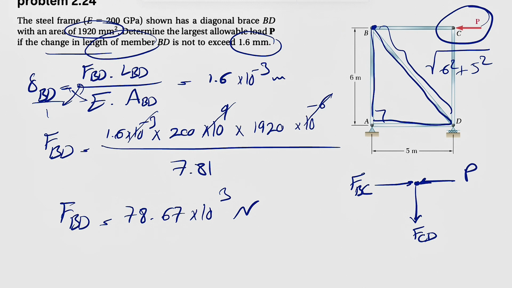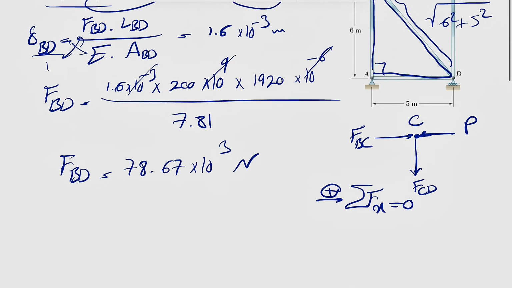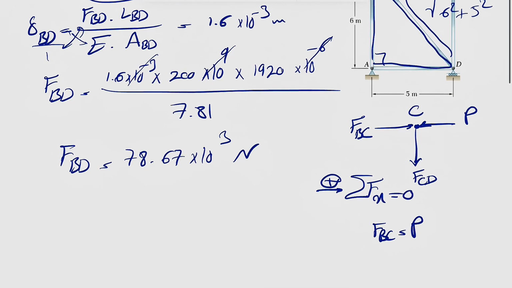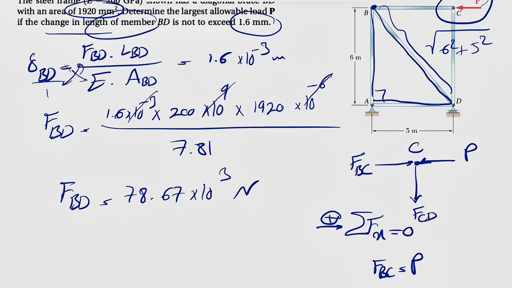And as long as we have FBC, we should be able to figure out the P in here. So for finding the P, if we just do sum of all forces in, again, this is the joint C, in X equals 0, this will be our positive for X. Basically, our FBC is equal to P.